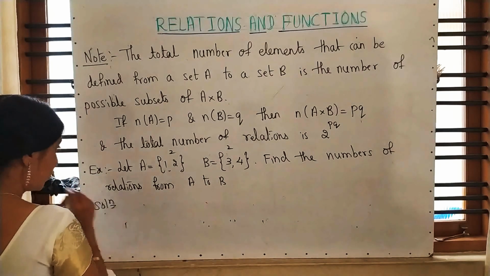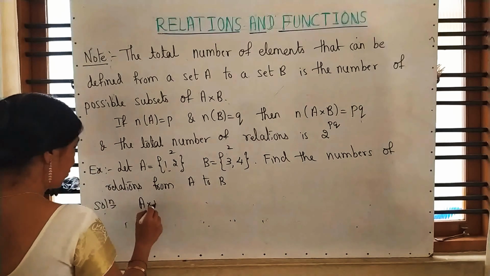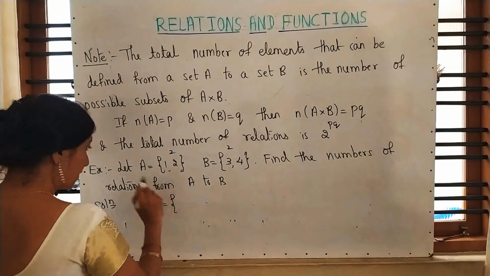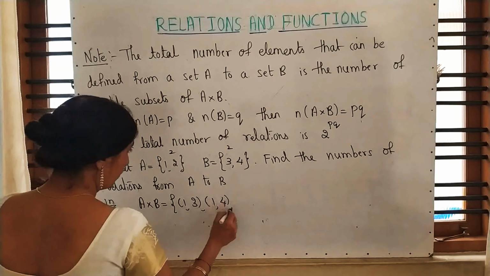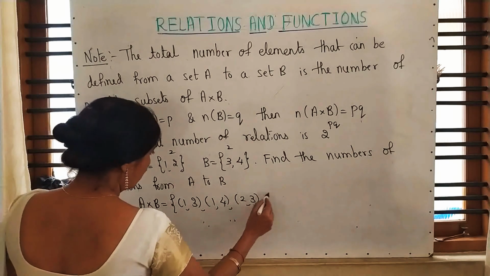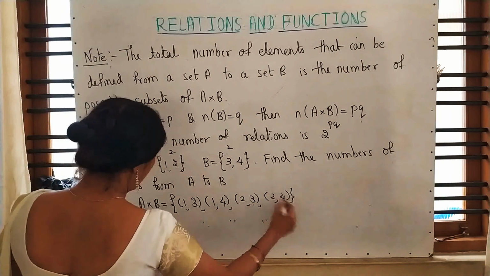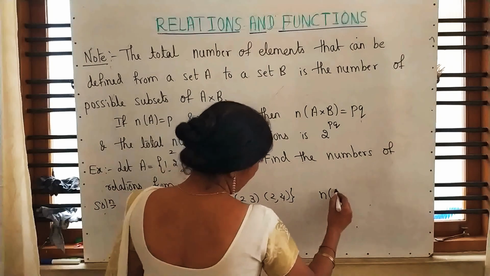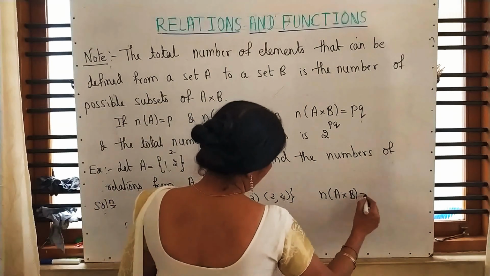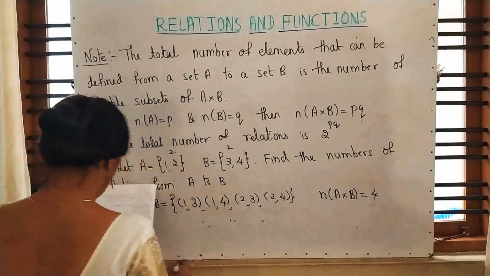No need to write A cross B, but simply to verify your answer, I am giving you this: (1, 3), (1, 4), (2, 3), (2, 4). See, there are 4 ordered pairs in A cross B or what? Yes, in A cross B we have 4 ordered pairs.